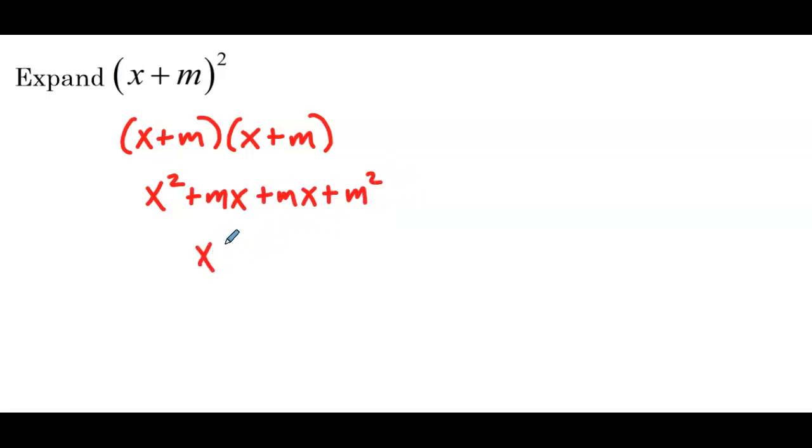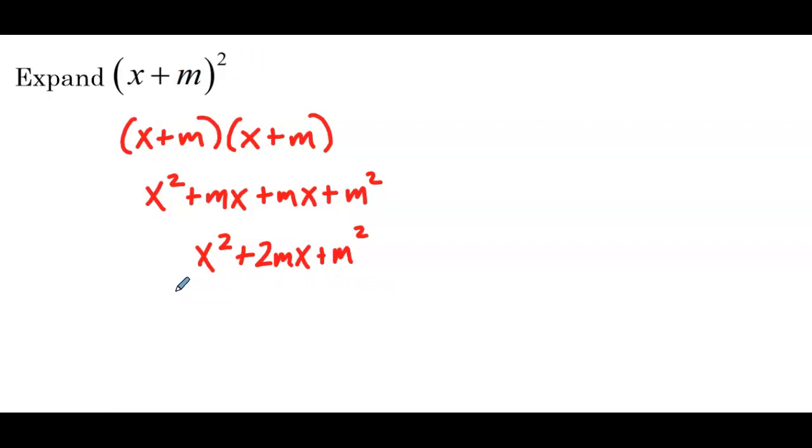Combining our like terms, we'd have x squared plus 2mx plus m squared. So that's an easy way to create a perfect square trinomial, is to start with the factor and square it out and get the trinomial.